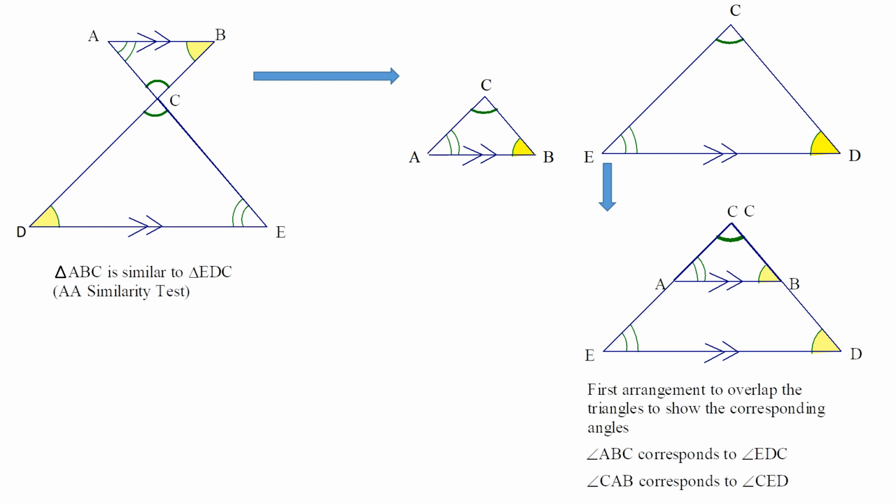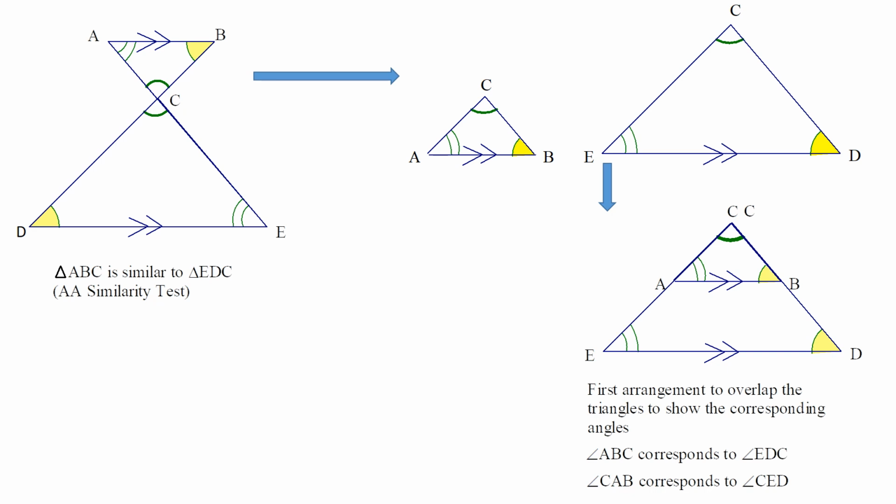In the second diagram you may not be able to visualize why they are corresponding angles, but once you put the small and the big triangles in the overlap position, then you can clearly see that CAB corresponds to CED, CBA corresponds to CDE, then the sides BC corresponds to DC, AB corresponds to ED, AC corresponds to EC.